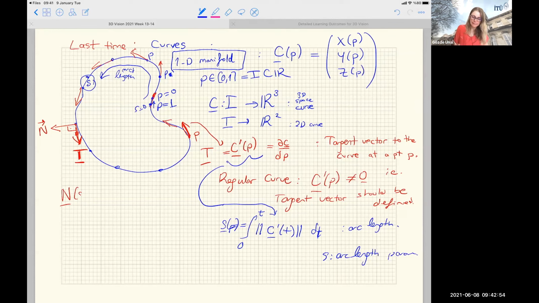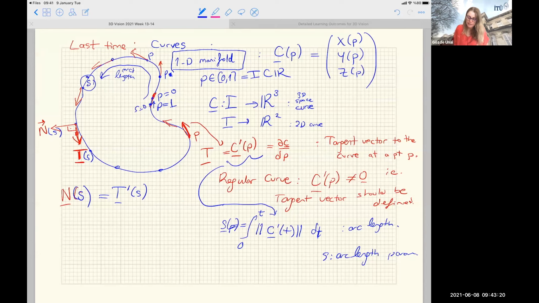Now, for instance, I can talk about n of s, or also t of s. Let's say I parameterized my curve with arc length, n of s. Remember, this was equal to the derivative of the tangent vector, because the derivative of the tangent was normal to itself.